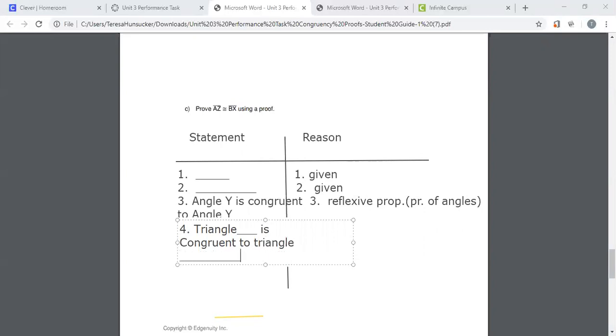And the reason would be side angle angle, as we stated earlier in the previous problem.